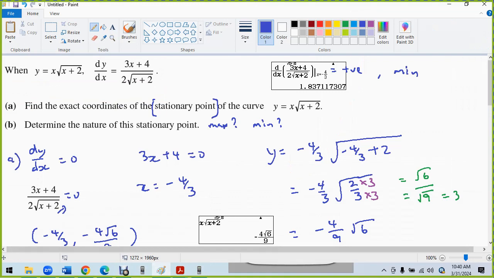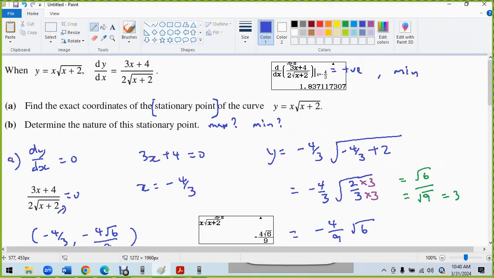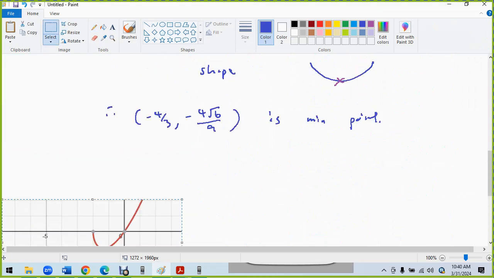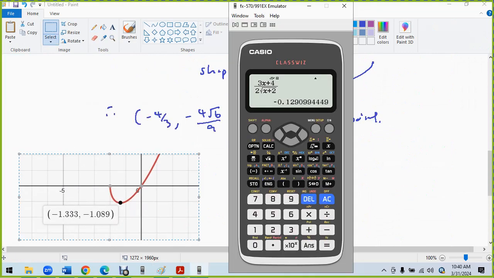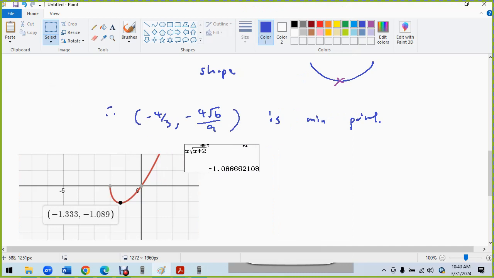So we use Desmos and we get the graph is this. Okay, so this is the graph. So this negative 4 square root 6 over 9 is just now this one, negative 1.89.